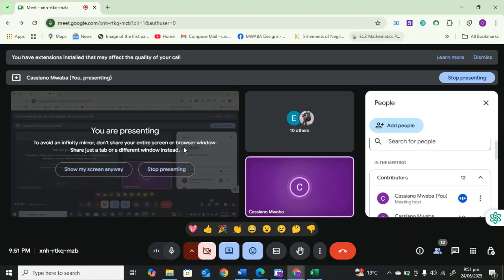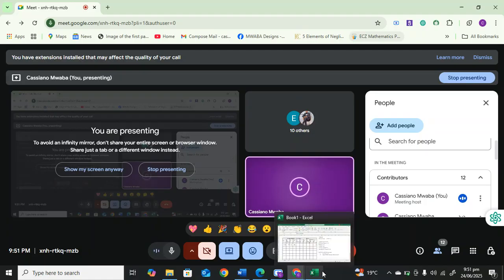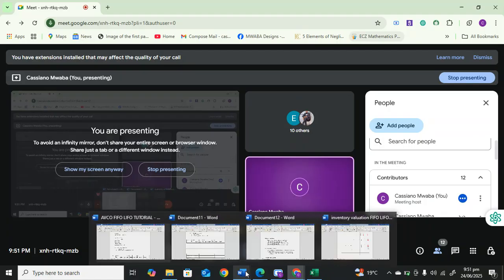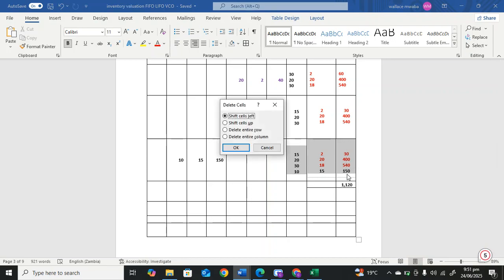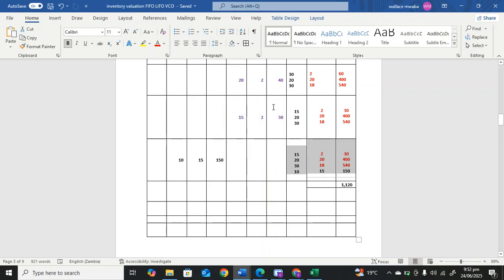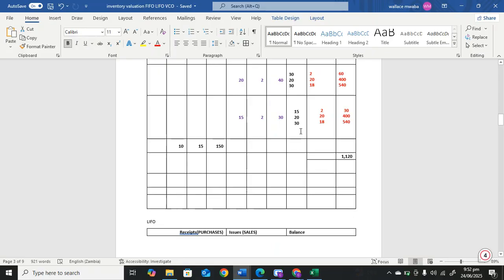This same process, inventory valuation, I'm teaching them to second years. So if you haven't understood, you should stay in the link so that when the second years come, you see this process again. But for those who have understood, no worries. You can try the questions afterwards.